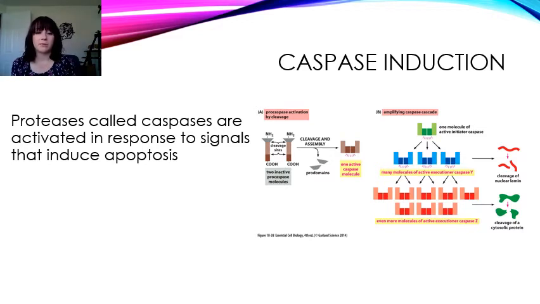There's a piece of the protein that has to get cleaved off, broken off, before this enzyme is active. And so normally these procaspases are just hanging around. They're not doing anything, not inducing cell death. But when a signal arrives to tell this cell, or from within the cell, that it needs to undergo apoptosis, these procaspases will get cleaved. And as I said, that cleavage will activate them.